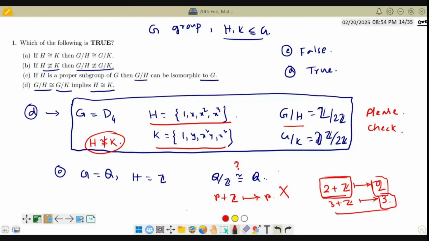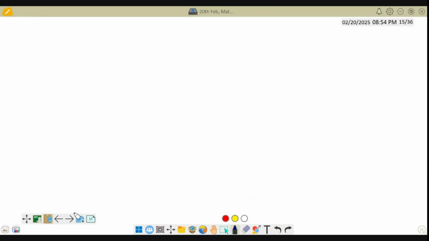Okay, so there's a standard example. For example, this will work, I hope. But please check. For option C, you can think of this. Suppose you take G to be C star, and take a homomorphism from G to G, C star to C star.